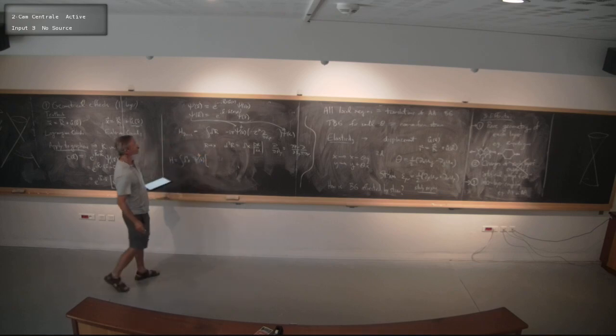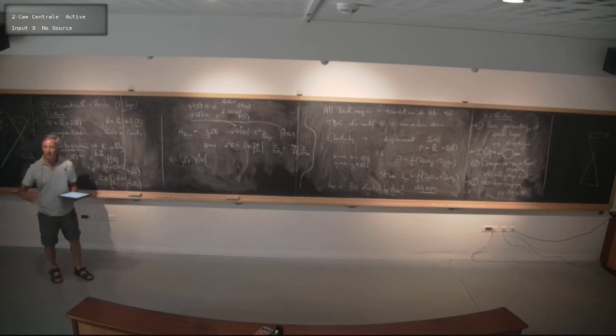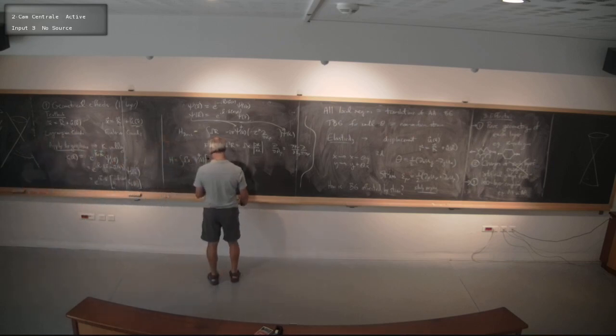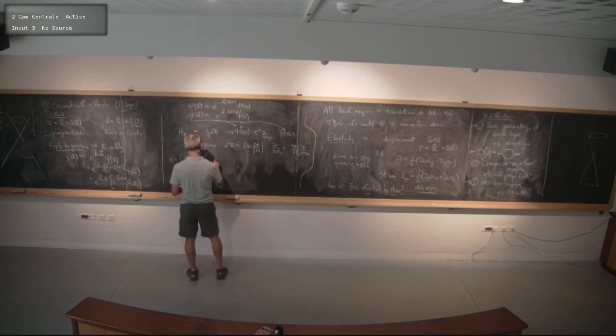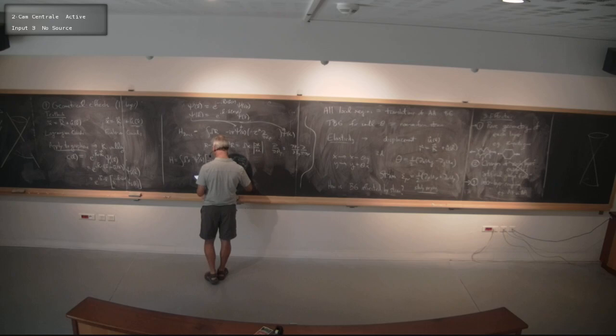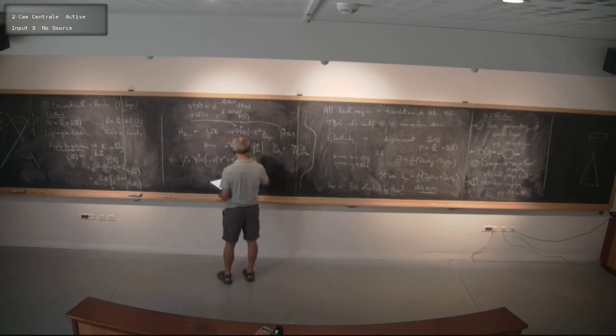And assume small u, small gradients of u. So we find the following thing: tau mu u, mu dx nu. This is going to be hard to read probably.